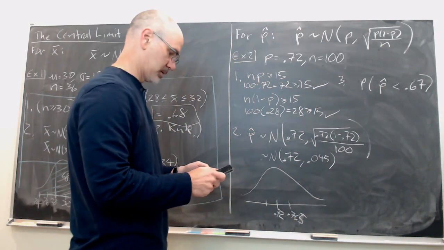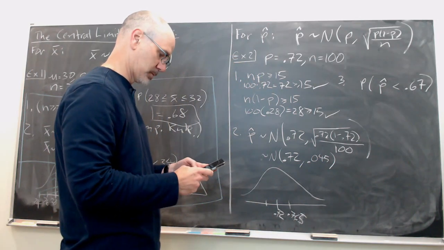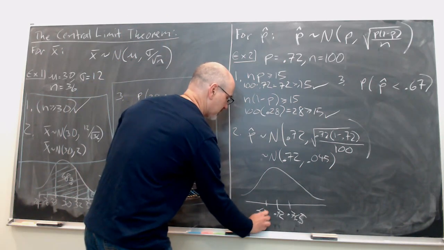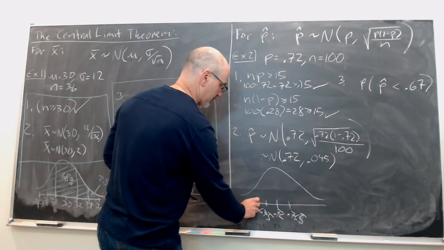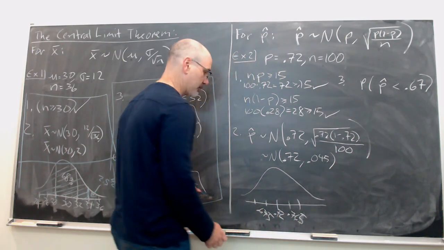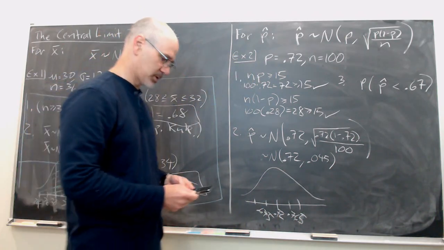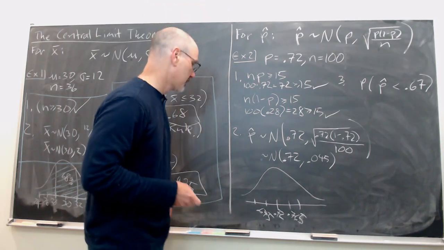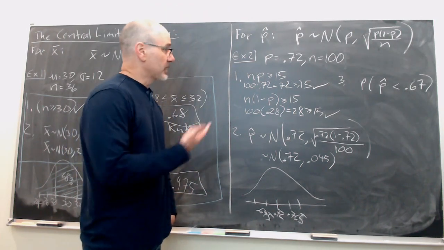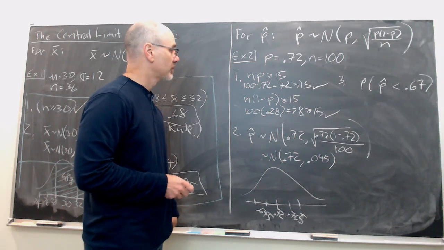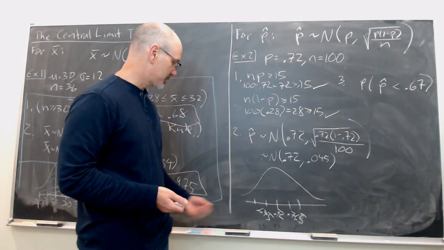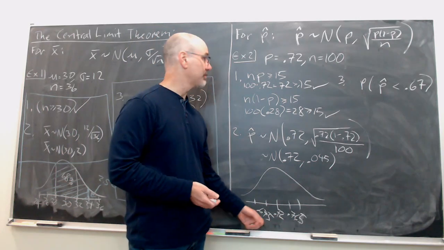If I did 0.72 minus 0.045, I get about 0.675, and then I can mark off the other points as well. That would put me in a position to use the empirical rule for these results as well, although for the question we're asked about here, the empirical rule doesn't exactly apply because I've got 0.67 and not 0.675.